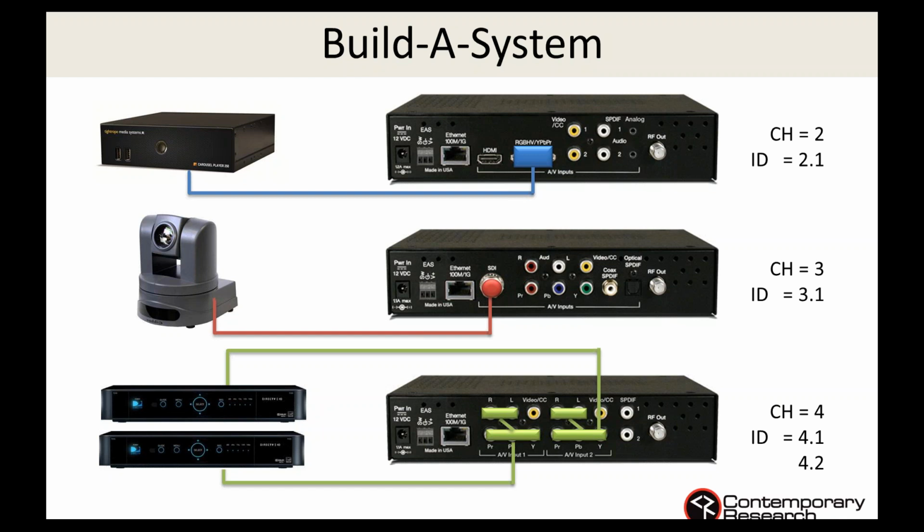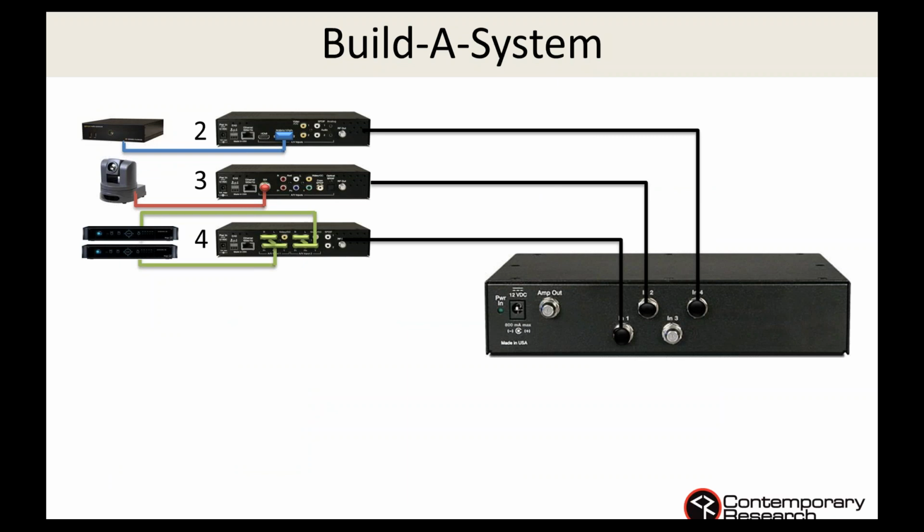So you're free to change the number associated with each program to suit whatever you need to do. It's very flexible. Then you take the encoders and connect them together to an amplifier or a combiner, and then output that into your system.